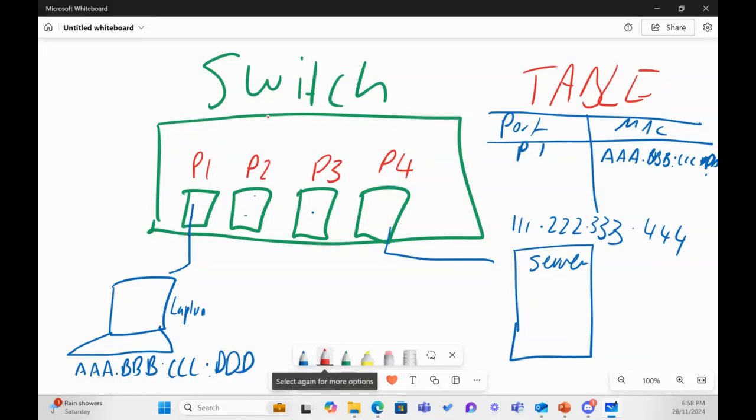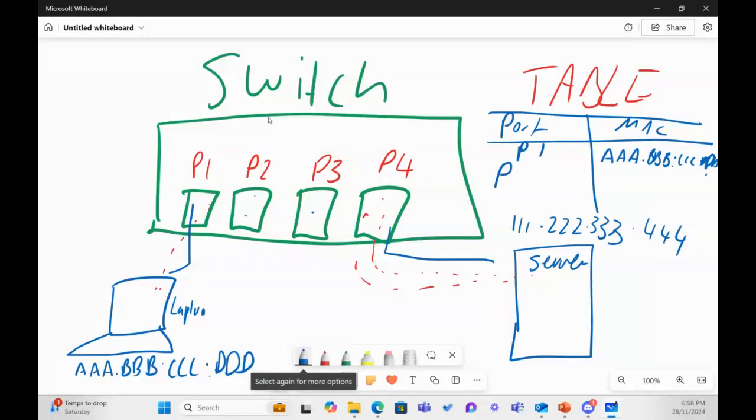Now, the broadcast gets sent out port 4, and the server says, "Yeah, that's me. You're looking for me. Here I am." It will return that information back to this laptop. When it does that, the CAM table or the MAC address table will say, "Okay, great.